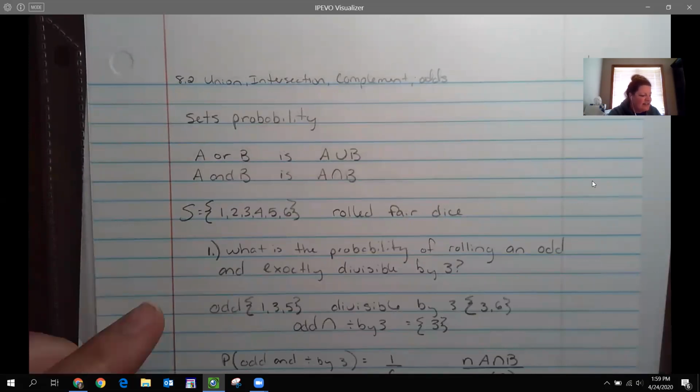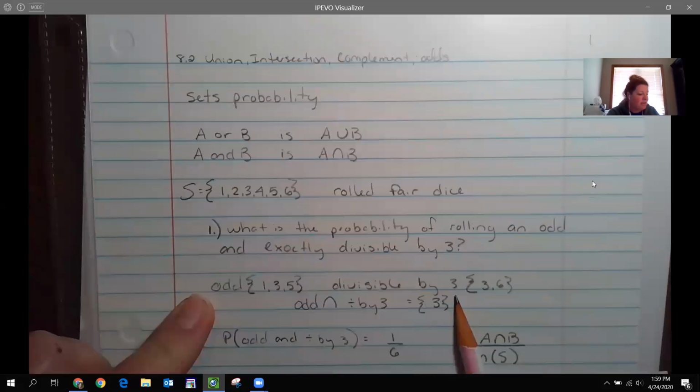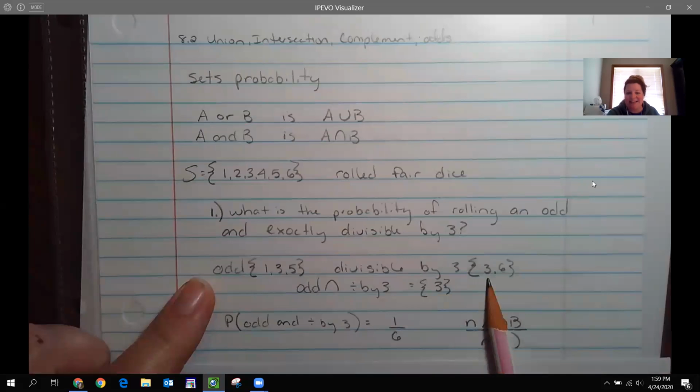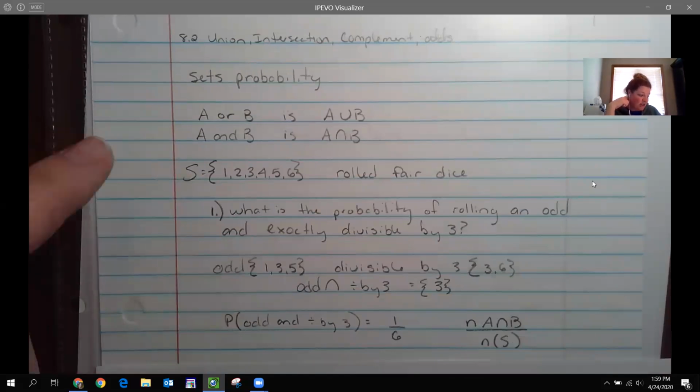Well, what is odd is 1, 3, and 5. What is divisible by 3 is going to be 3 and 6. So I'm answering both the questions, and then I look, is it or, is it and, union, intersection? And this one is an and, so we're going to be doing the intersection, right?